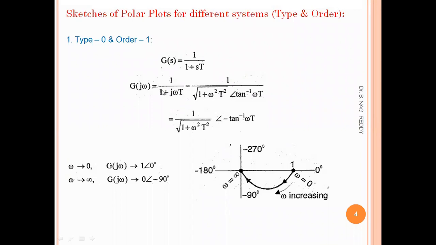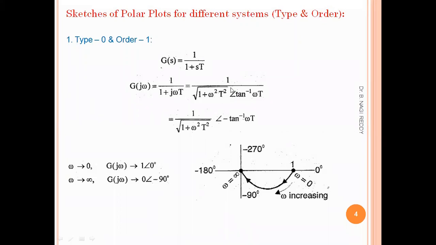Similarly, the angle can be written for this as tan inverse of the imaginary value by the real value. That means omega T by 1, which is tan inverse of omega T. Very simple. What we have done is converted this complex number, this real and imaginary rectangular form, into the polar form.